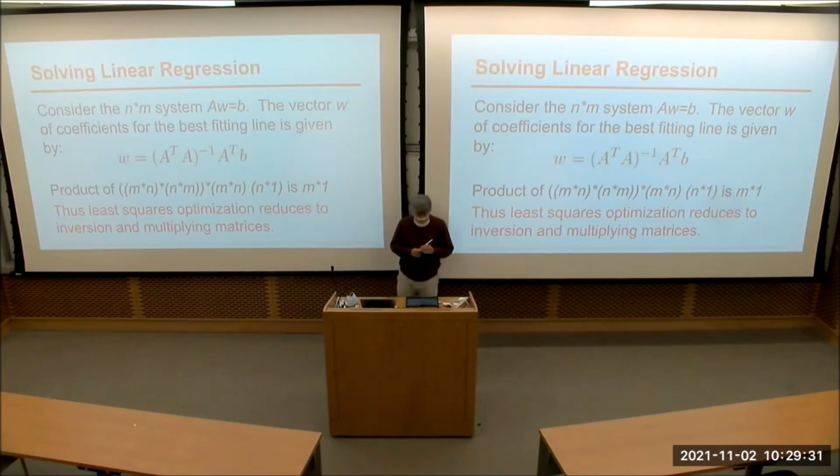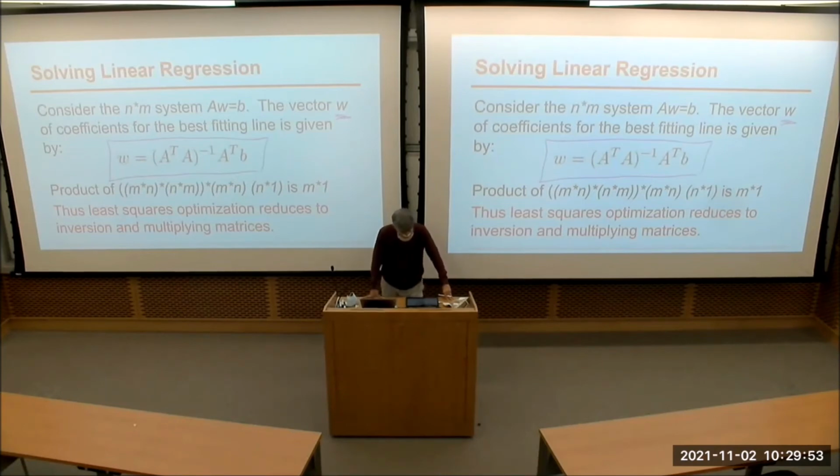How do we find the least squares? How do we find the coefficients of the line that best fits a given set of points? Well, the coefficient vector w can be obtained through linear algebra.